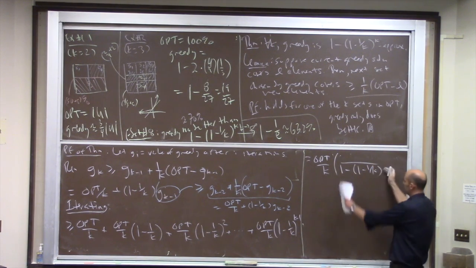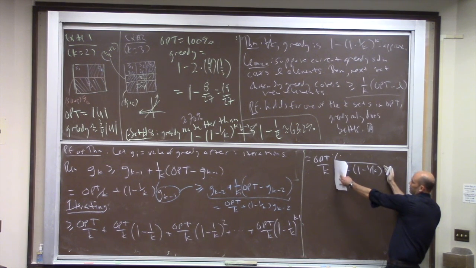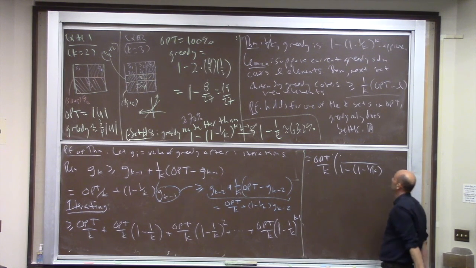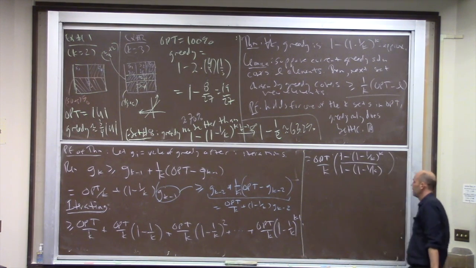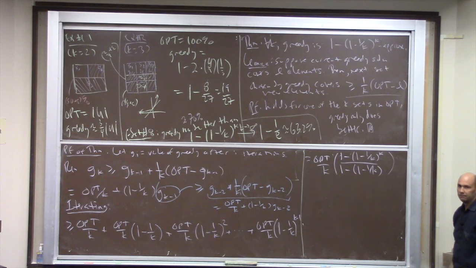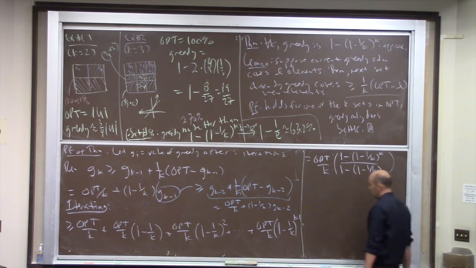So this is like the 1 minus p factor you should be used to from geometric series of p to the i. And then up here, what's the correction term? 1 minus 1 over k to the k. Okay? And so again, this is in your 103 notes, I'm sure. That's what you get with a geometric series.